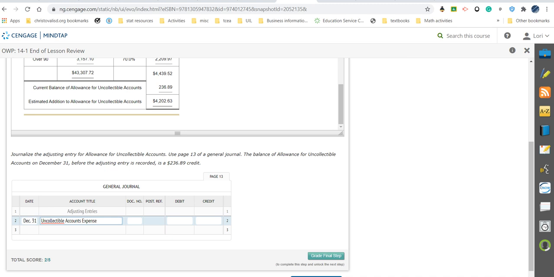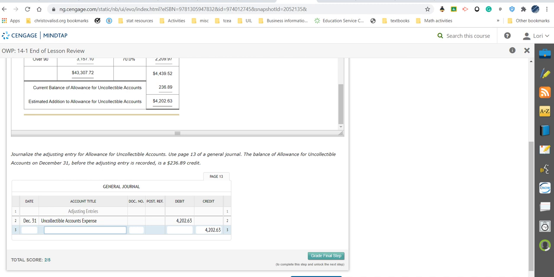I forgot we didn't have a document number written just yet. We have $4,202.63, and it's coming from this total down here. And again, the contra account is going to have the same number, but put it as a credit, $4,202.63.